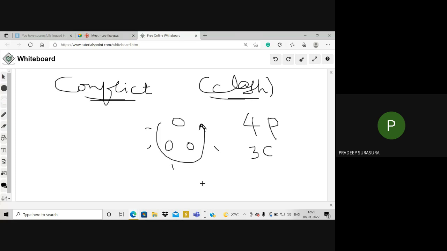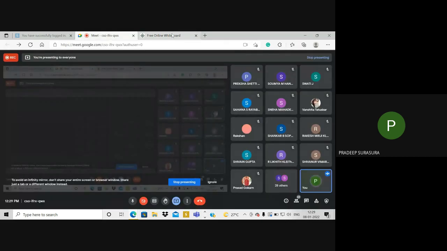A conflict will occur when 2 people try to sit on the same chair, correct? Are you understanding? Can I have some of your responses?